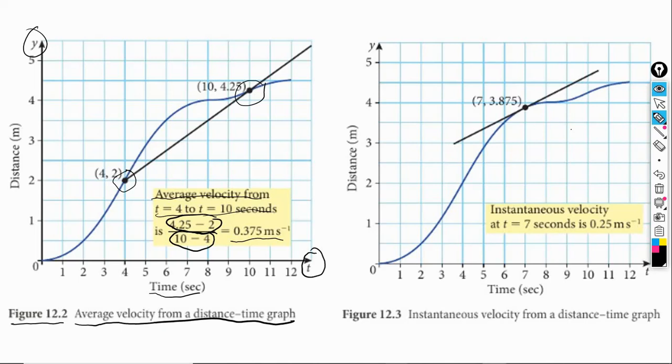But, and this is where calculus comes in, at least differential calculus, what happens if we want to find the instantaneous velocity? Instantaneous velocity means at this instant. So at 7 seconds, when the distance was 3.875 meters, what was the exact velocity, or the instantaneous velocity at that time?